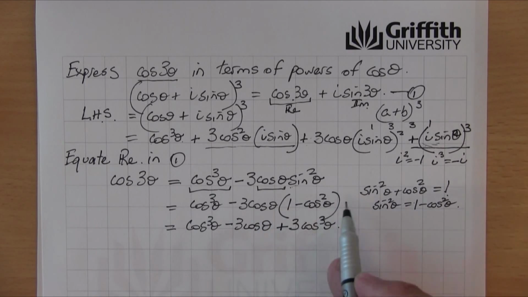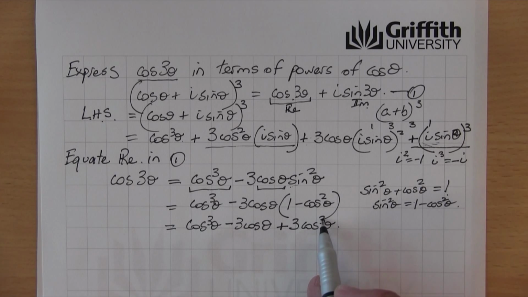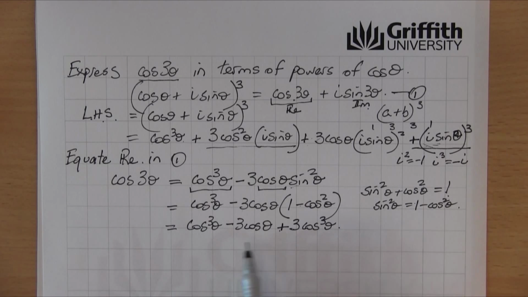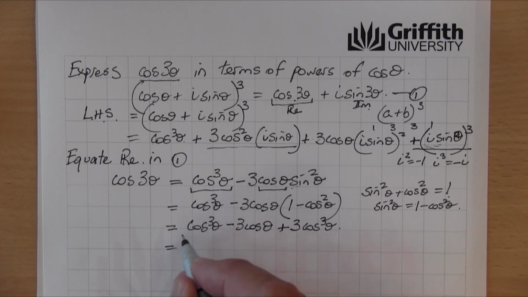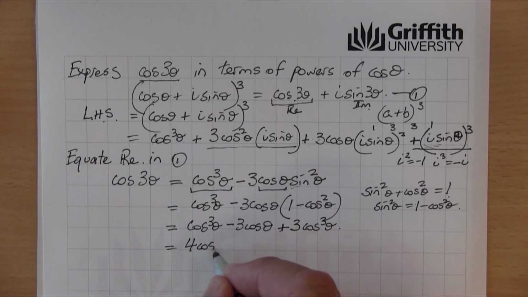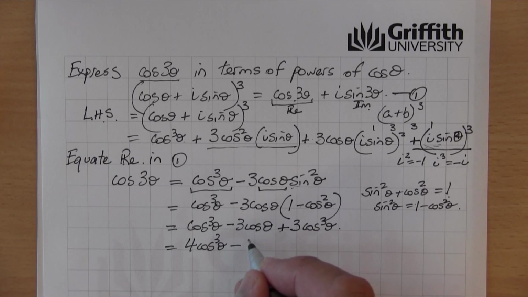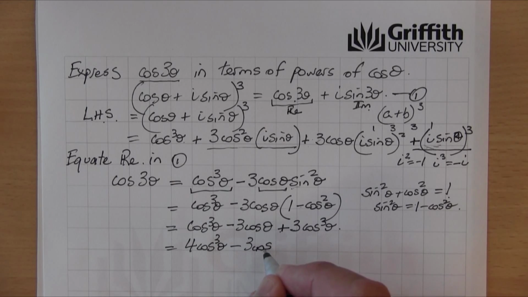So cos theta times cos squared is cos cubed. The 3 has got to be at the front. Cos the power of 1 times cos the power of 2 is cos the power of 3. And then we have a look, see if there's any like terms, and there are. There are cos cubed theta and 3 cos cubed theta, and we've got to add those two together. So this is like one lot of them plus another 3 lots of them, so that's 4. So that's 4 cos cubed theta minus 3 cos theta.